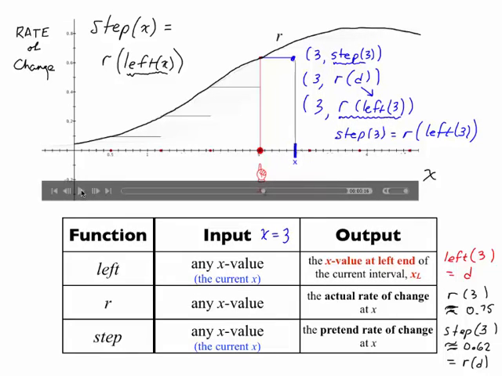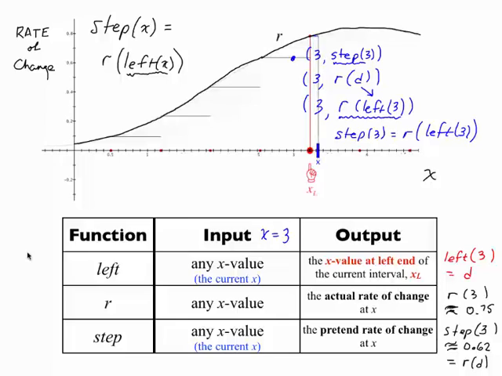So that left x function makes writing step x in one line possible. The hard work we did to develop left x makes step x easy. You just take that left x value, plug it into the rate, and it gives us the approximate rate of change at the current x.